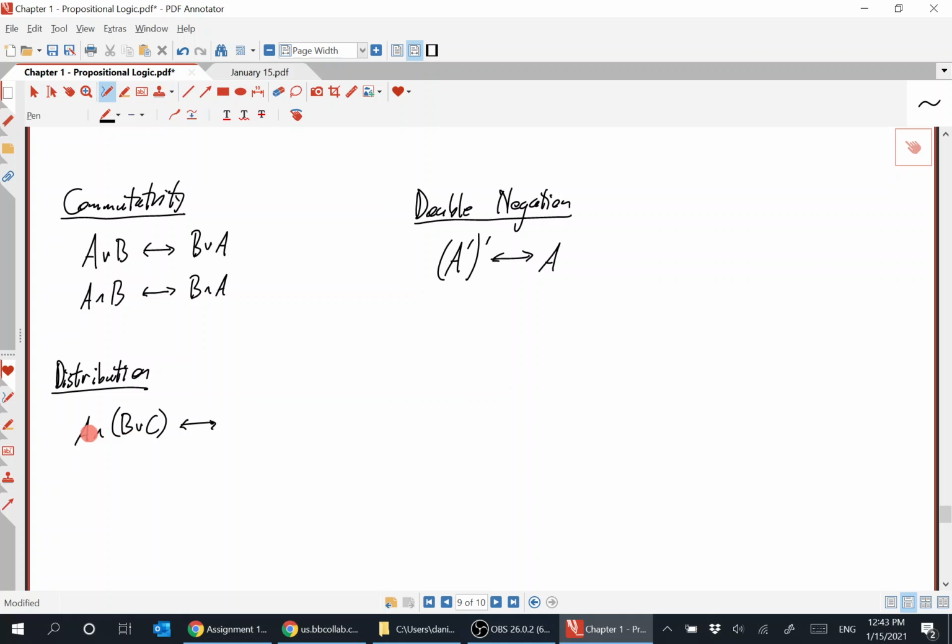But when you write it correctly, showing which precedence you mean, it's the same as (A and B) or (A and C). So conjunction distributes over disjunction and the other way around. A or (B and C) is equivalent to (A or B) and (A or C). Distribution. We'll do a proof of that, I think.